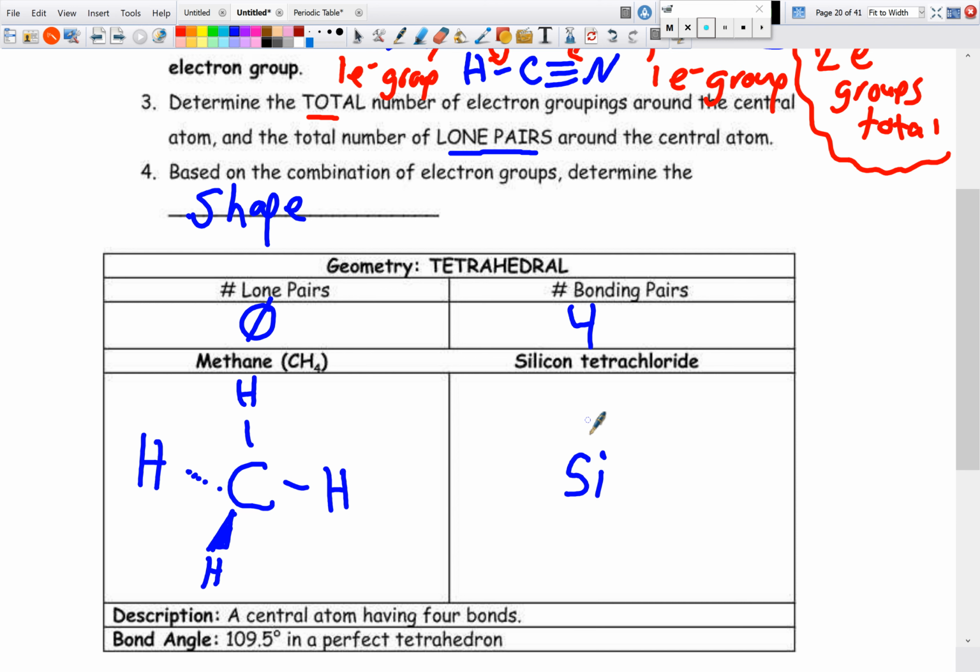Now instead of hydrogens going around our central atom, we have chlorines. And tetra, so there's going to be 4. So we got 2 on the plane of the paper, so that's our straight lines. We have 1 that's going to be coming out of the plane of paper, and then 1 going behind using our dotted line. Oops, sorry, that needs to be Cl.